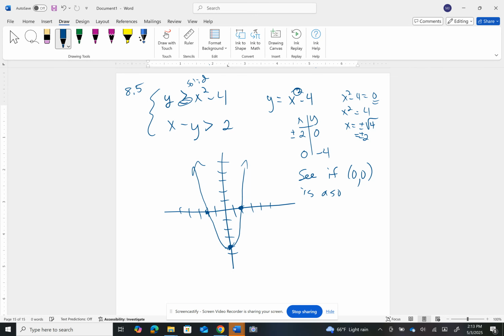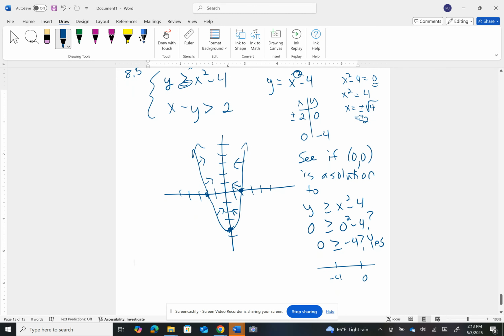I'm just seeing if it's a solution to this inequality. So put in a 0 for x and a 0 for y, and you get 0 is greater than or equal to negative 4. That's true, isn't it? 0 is to the right of negative 4. So you're asking that question, and your answer is yes. That means you're going to shade in here. But don't shade it yet, just know that that's the case.